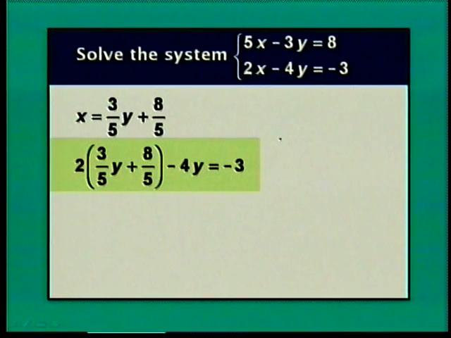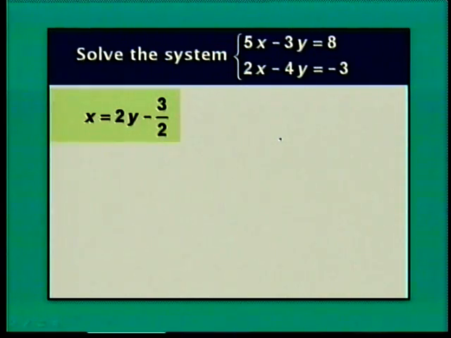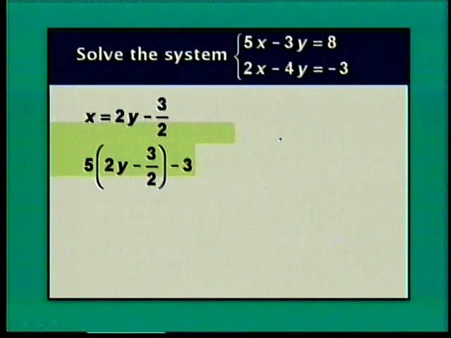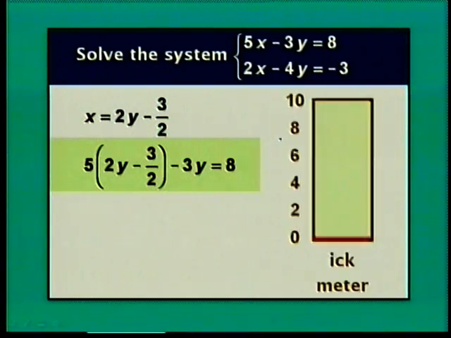When we substitute it into the second equation, we'd have to solve this equation. We're back to about a 6.5 on the ick meter. How about if we solve the second equation for x? When we substituted that expression into the first equation, we'd have to solve this equation. This equation is not so bad. There's only one fraction. It has a denominator of 2.